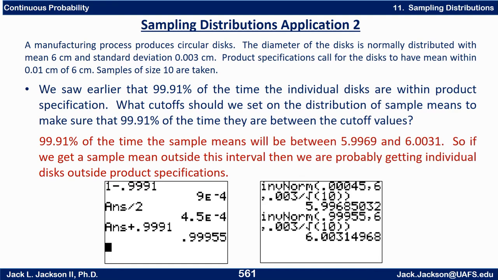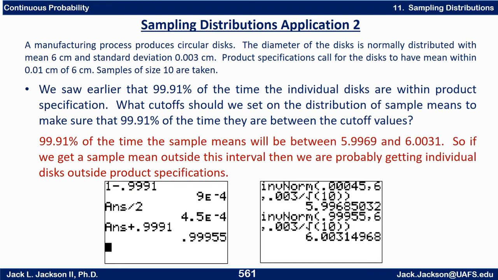So the two tails are going to add up to 0.0009. Divide that by 2 to get how much is in each tail, and that's 0.00045. Add that to 0.9991, and we get 0.99955.